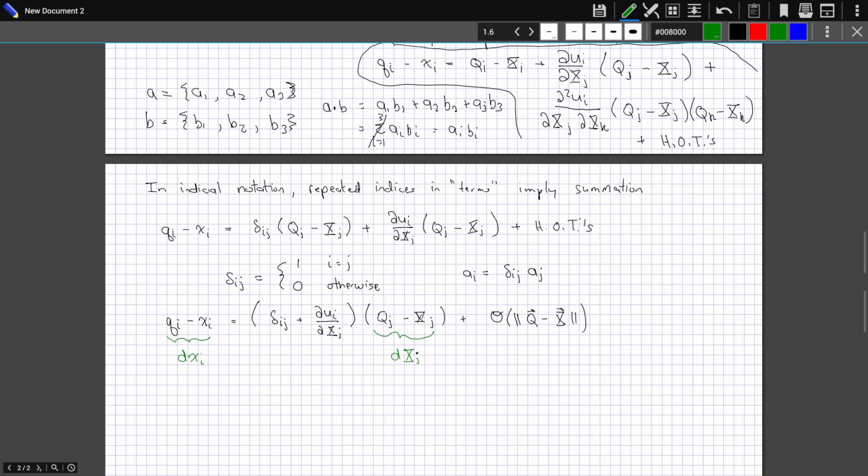And because they're infinitesimally small, the higher order terms on the order of the distance between them, we're going to assume are 0.